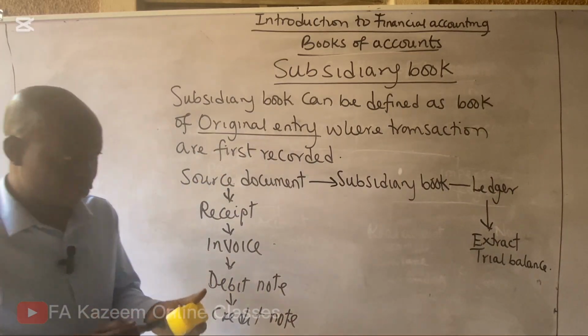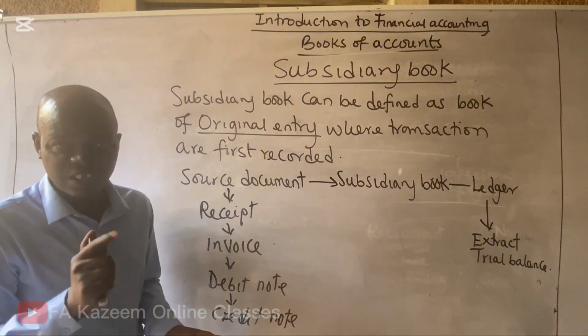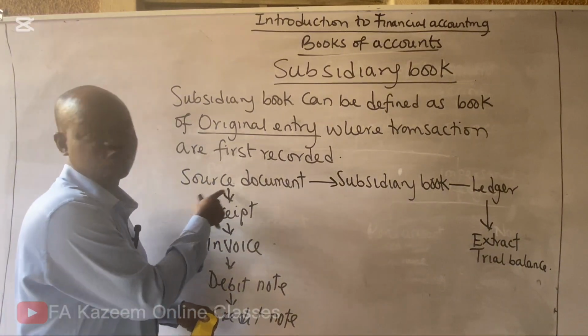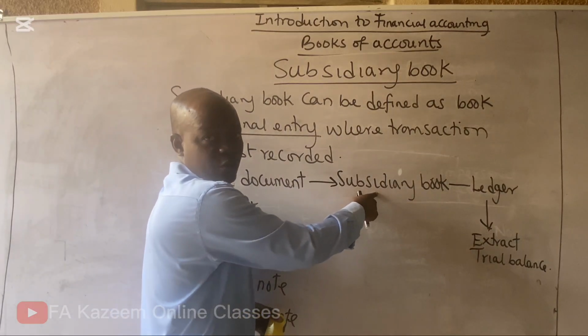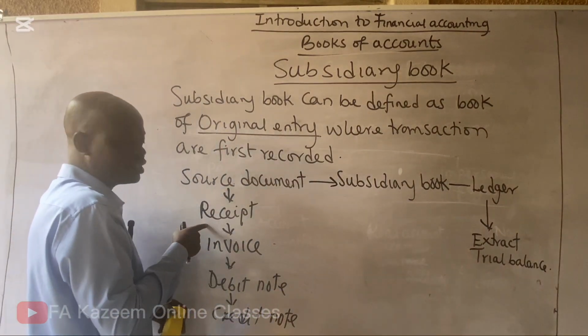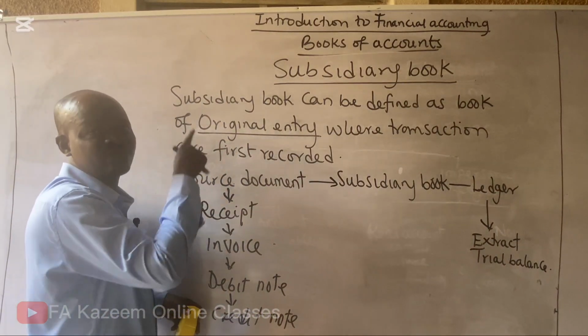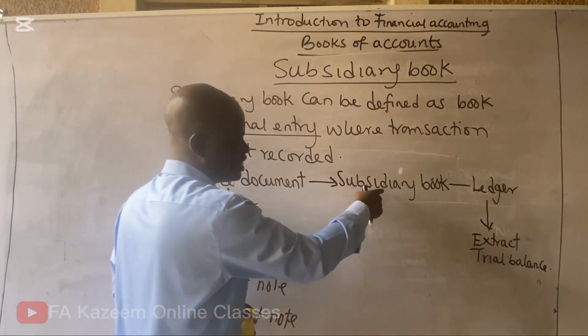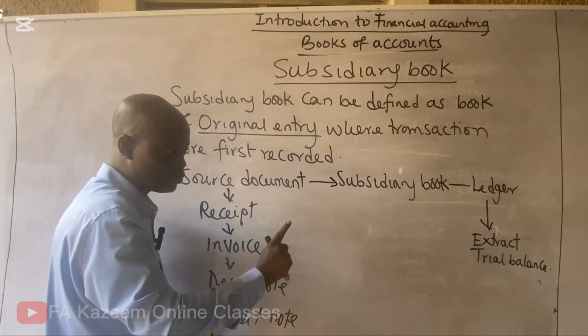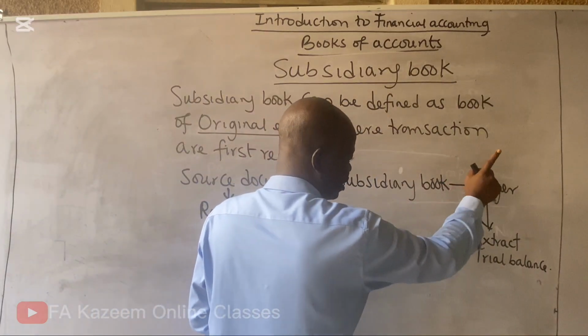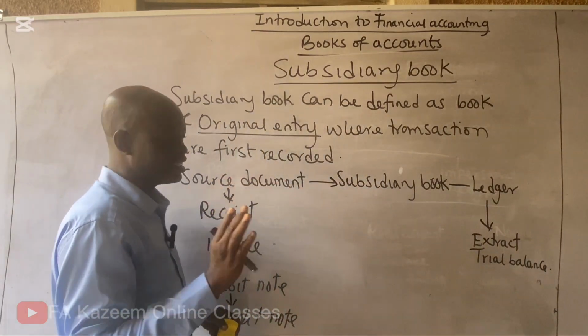That's why, if there's an error later, the first place we are going to check is the source document. And the next place we are going to check is the subsidiary book. Because all records in the source document are first recorded in the subsidiary book. It is after you record the subsidiary book, you take it to the ledger. And once it gets to ledger, that's the permanent book.